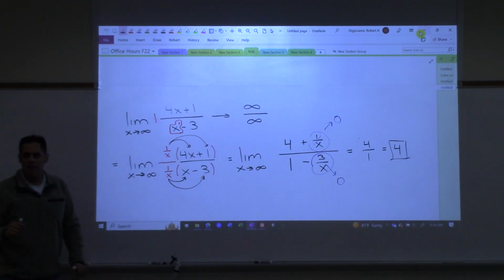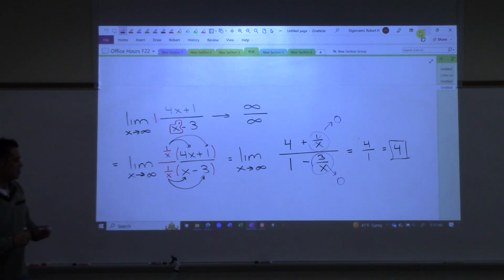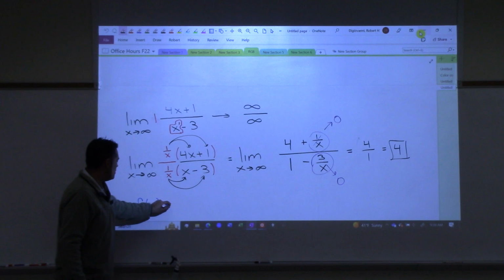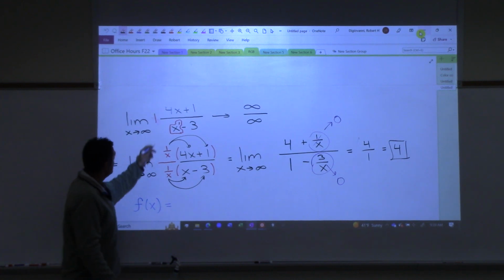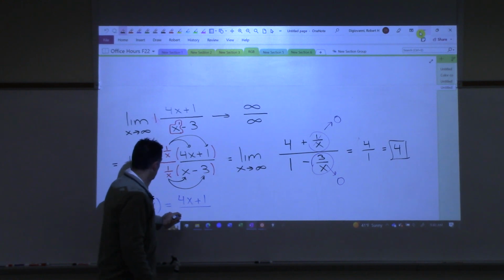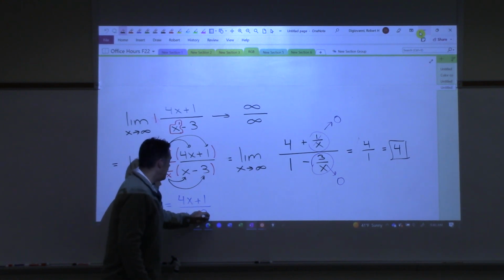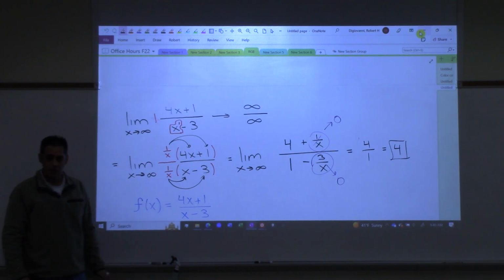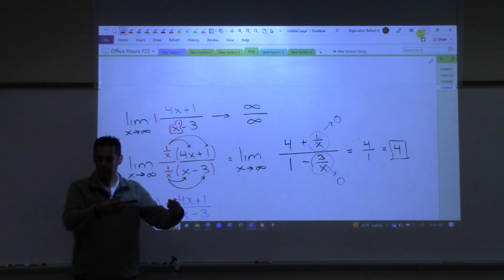Some of you might remember this from college algebra. When you study rational functions, this function I gave us just now is an example of a rational function. It's a polynomial divided by a polynomial. And in college algebra, you're asked to find the horizontal asymptotes.